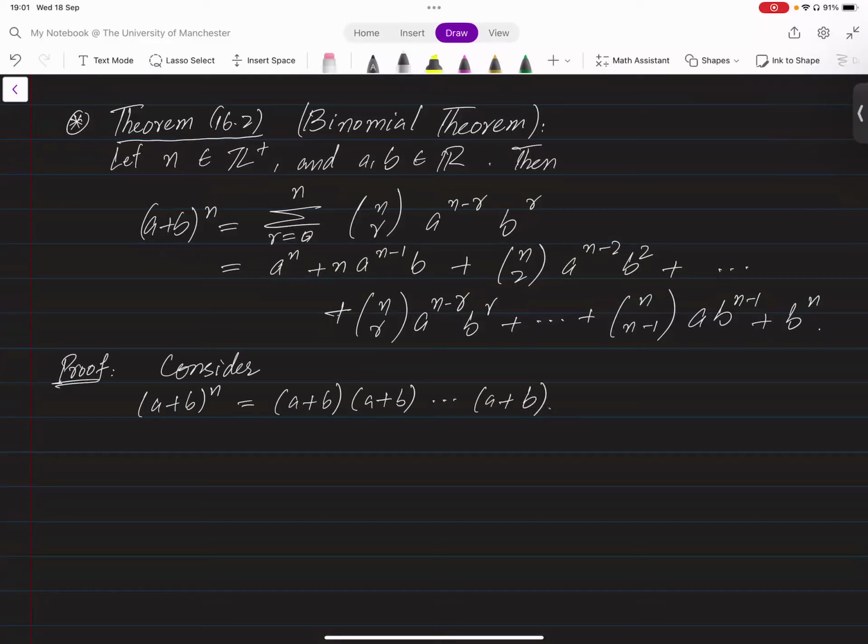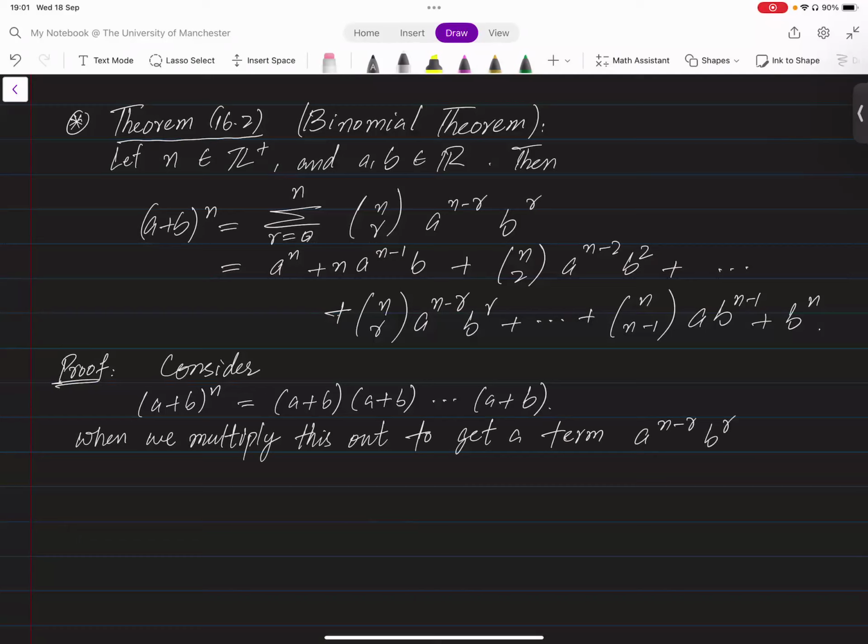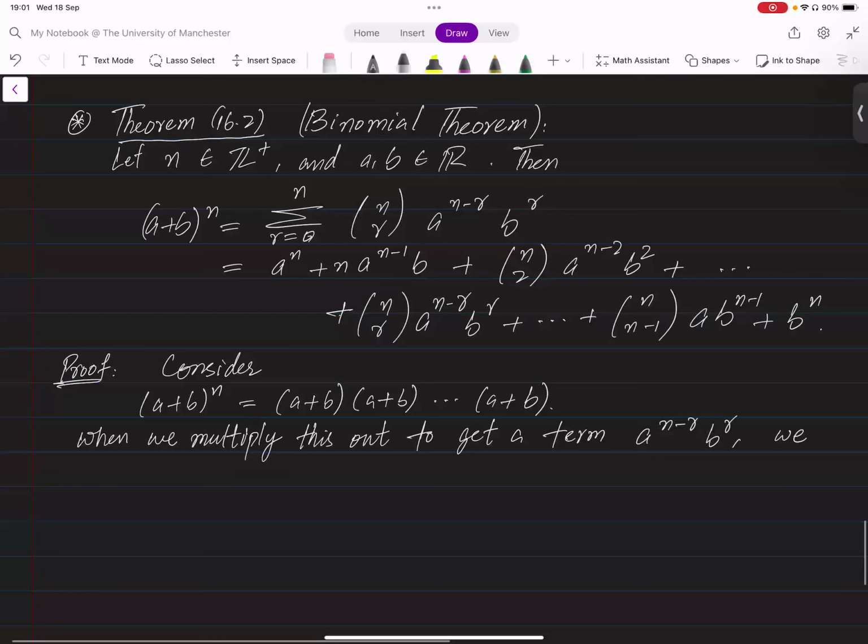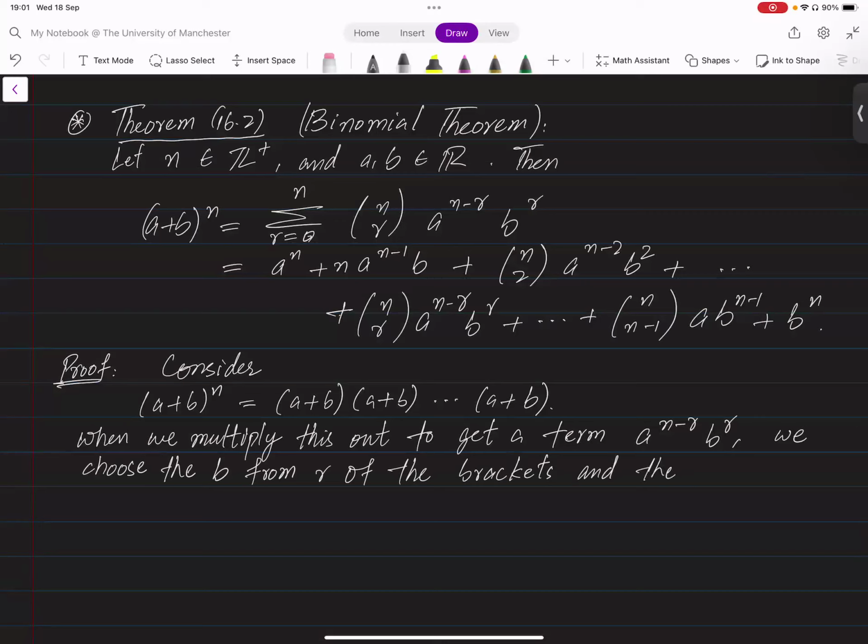When we multiply this out to get a term a power n minus r, b power r, we choose the b from r of the brackets and the a from the other n minus r brackets.